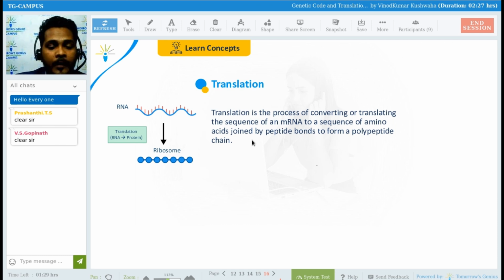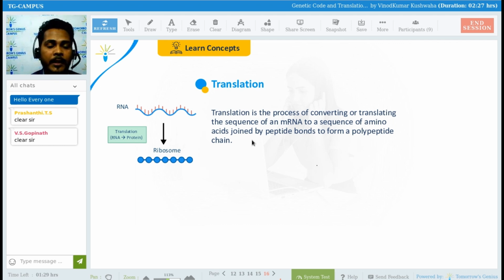Yes, okay, that's great. So let's move ahead and try to understand. Translation means that when RNA is translated, it forms a protein. We are going to study the protein synthesis, how the protein is synthesized in a particular organism, right?